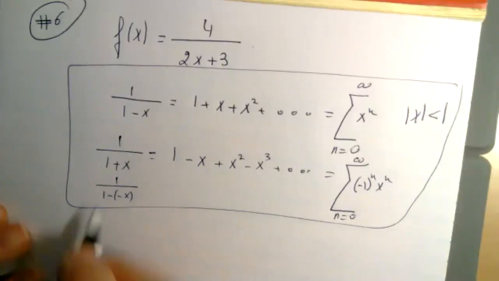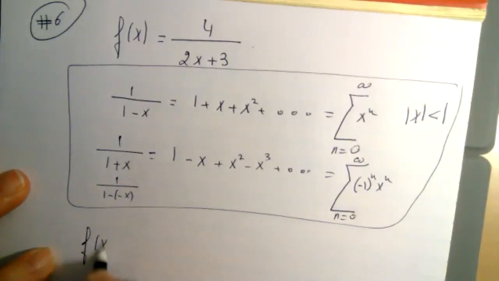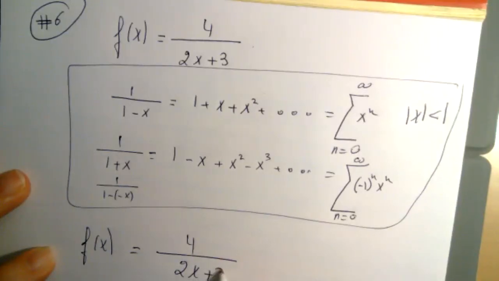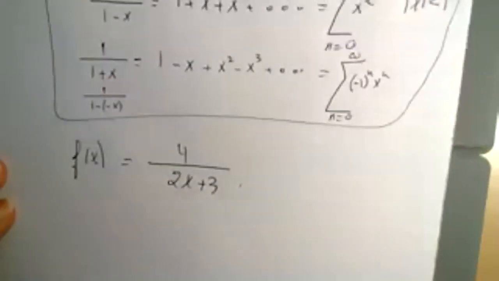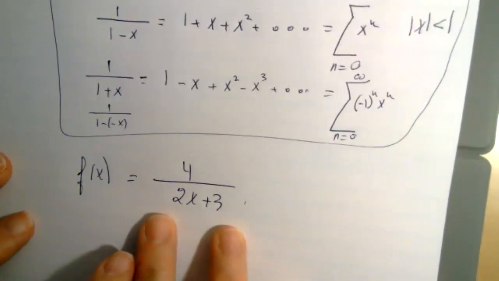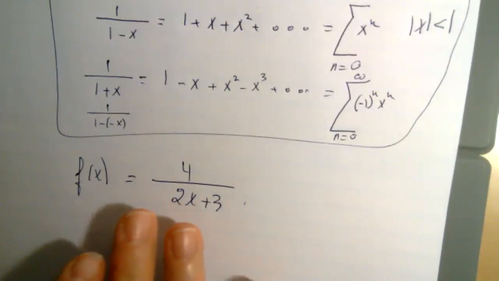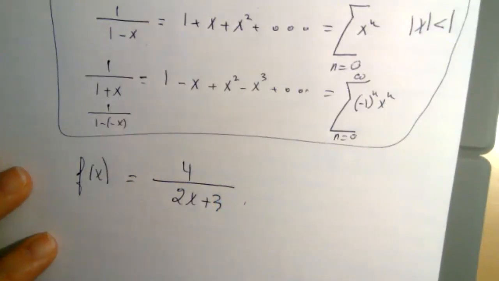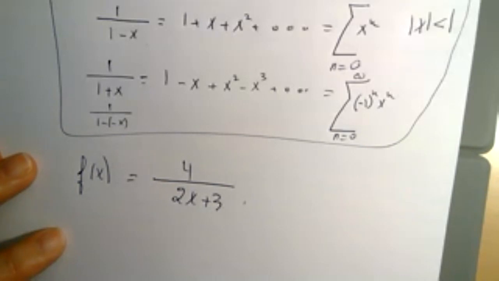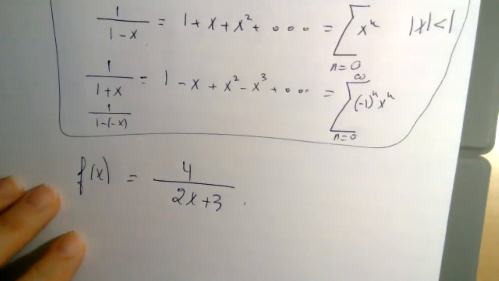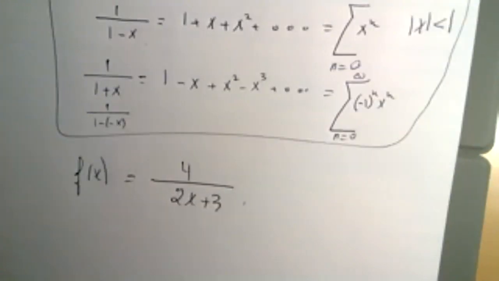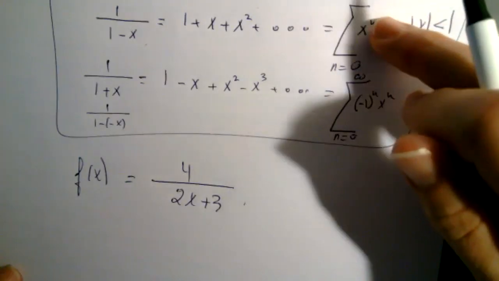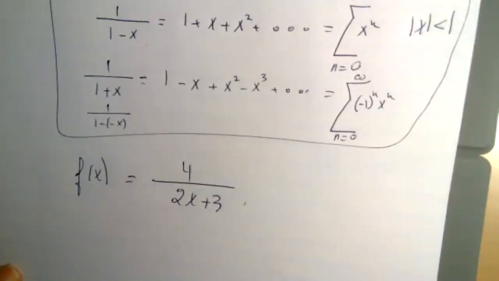Now I go back to ours, which is 4 over 2x plus 3, and I need to rewrite it to relate it to either one of them. It doesn't really matter which one. So you guys tell me how I'm going to manipulate this algebraically to relate it to the first or the second.